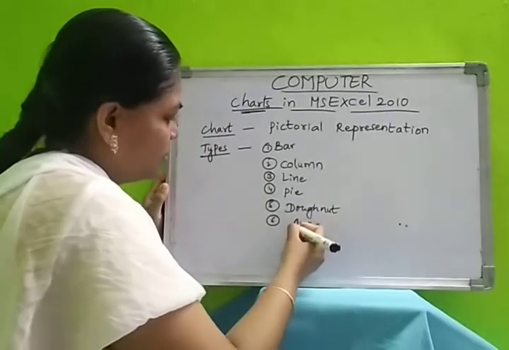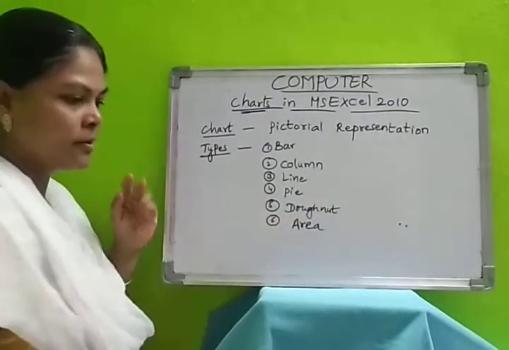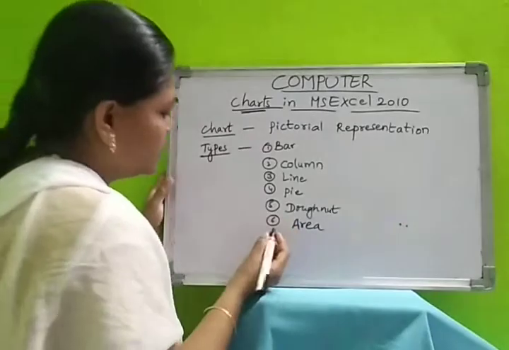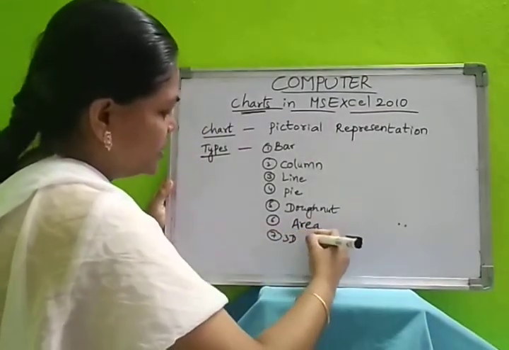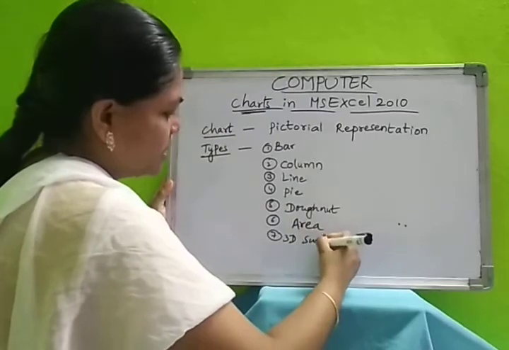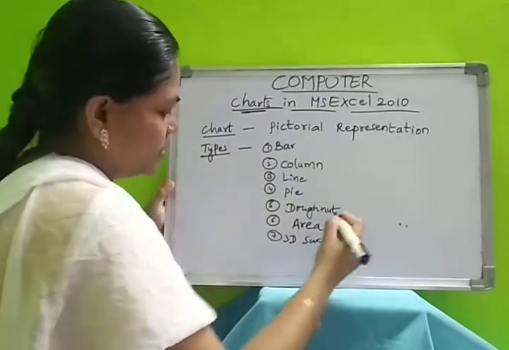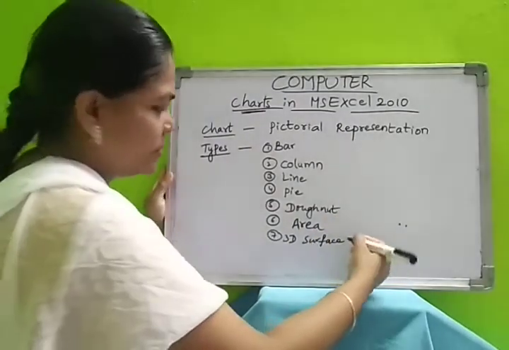We have different types of charts here. The seventh one is the 3D surface chart. All these charts we can insert.